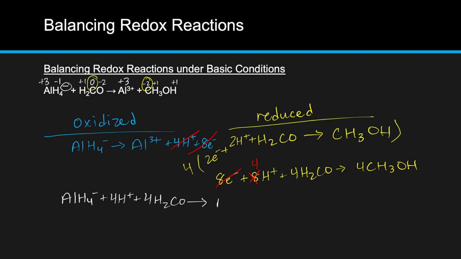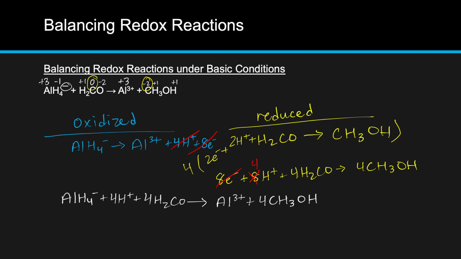And now for my products, I have Al3+ from the oxidation half equation, and then I have my 4 CH3OH molecules. So in acidic conditions, we would now be done.